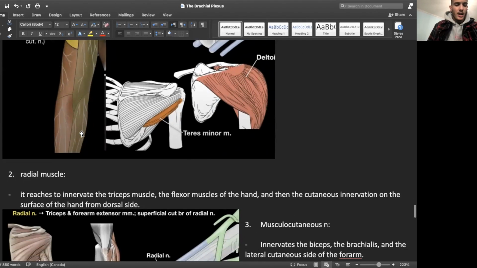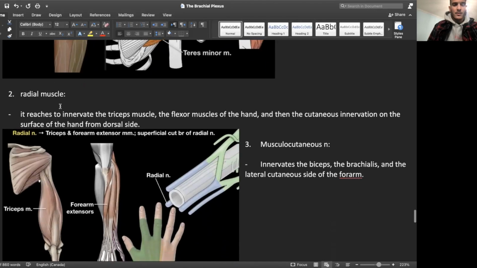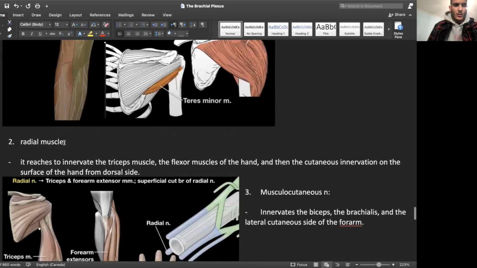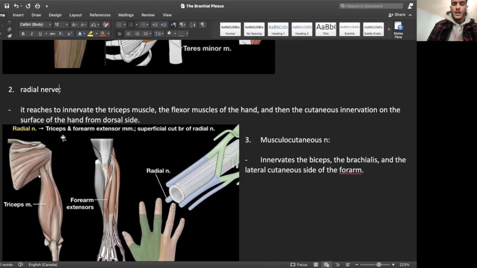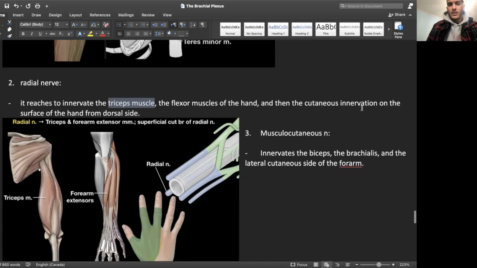Okay, the radial nerve. So the radial nerve comes out of the posterior cord. It innervates the triceps muscles, the extensor muscles of the hand, and then the cutaneous innervation on the surface of the hand from the dorsal side.